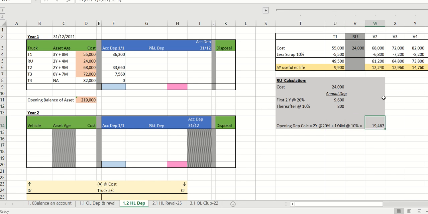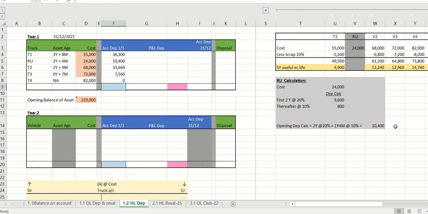Okay, so when I'm adding those together now, I'm getting 10,400 as our opening depreciation for the RU. So the first 2 years at 20%, and then 4 months at 10%. Hopefully you're okay with that now. So my total opening balance for the RU is 10,400.